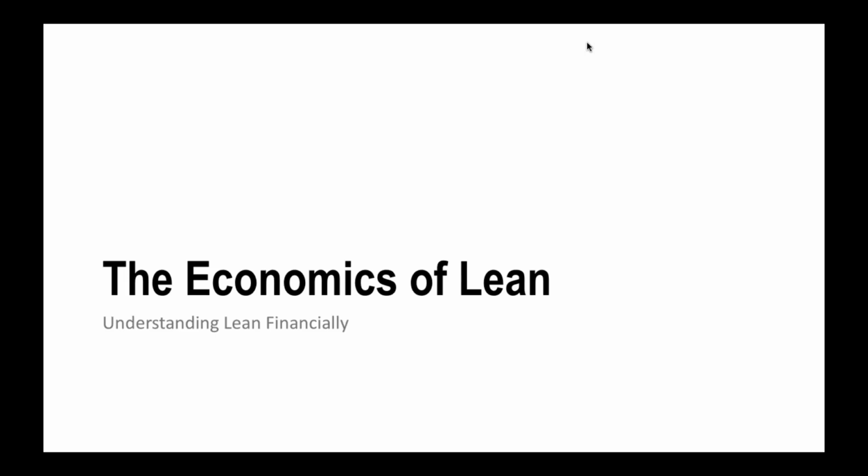When you try to understand lean accounting, it's really important to understand how lean works financially. I like to call this the economics of lean because it's a very simple concept. And when accounting understands this concept, when everyone in the organization understands this concept, it's a whole lot easier to understand why we have to make all these changes in our business.